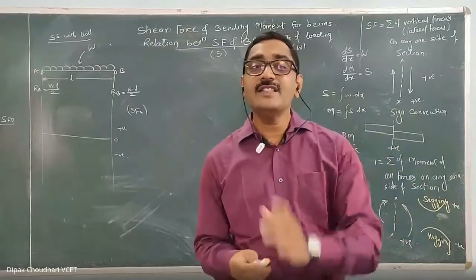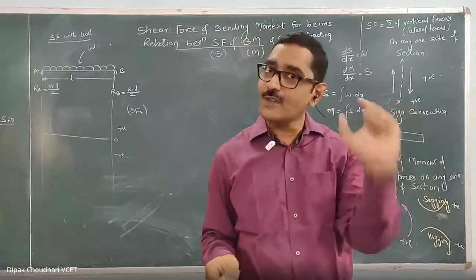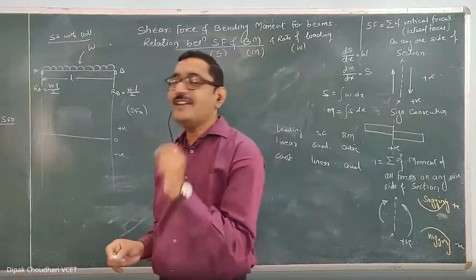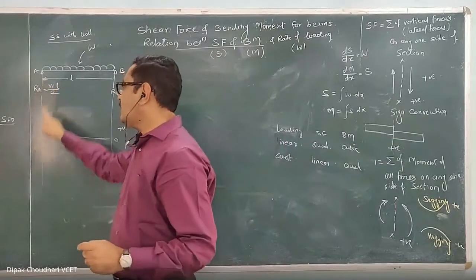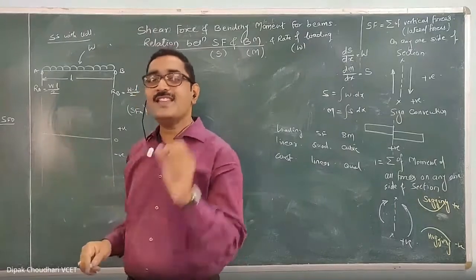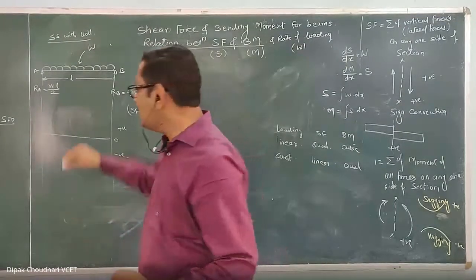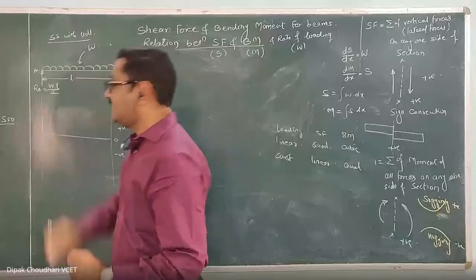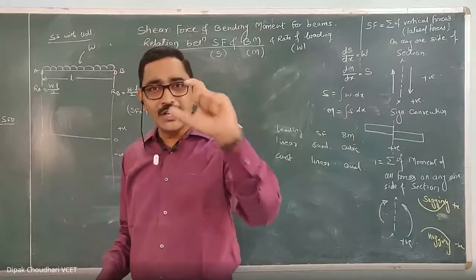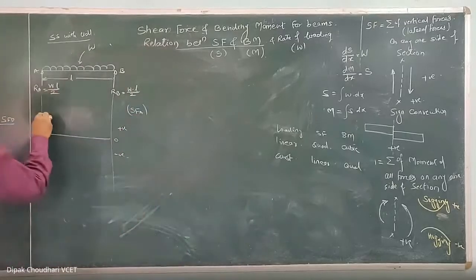There is a sudden variation in the shear force because of that point load. Since there is a sudden change in the shear force value, there will be a vertical straight line. Means at that particular point, you will get two different values of the shear force.